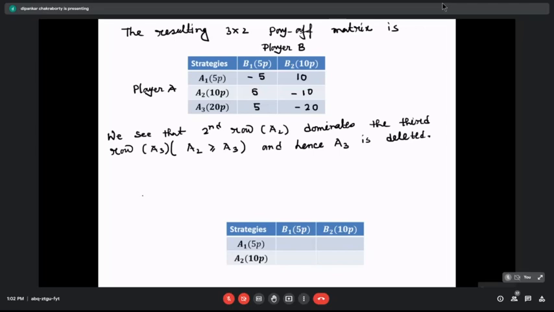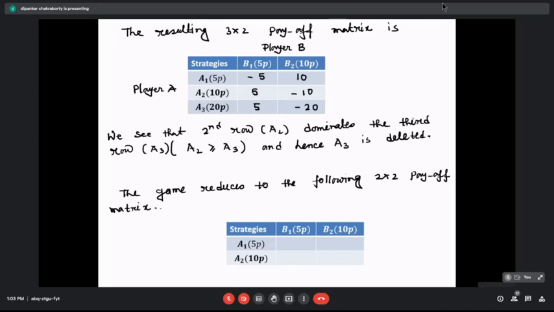Okay. So the reduced payoff matrix is now transformed to 2 cross 2. The game reduces to the following 2 cross 2 game, right?